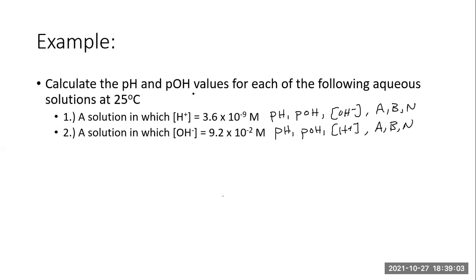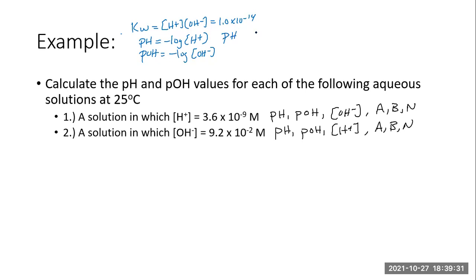So I'm just going to rewrite again sort of our list of equations that you could use to solve these problems here. Again, we have our KW, which is our H plus, our OH minus is 1 times 10 to the minus 14. We have our pH is minus the log of the H plus. We have our pOH, which is minus the log of the OH minus. We also have the relationship that the pH plus the pOH is equal to 14.